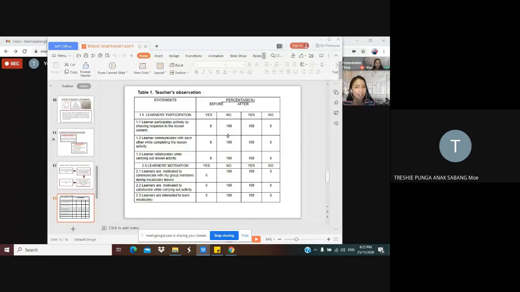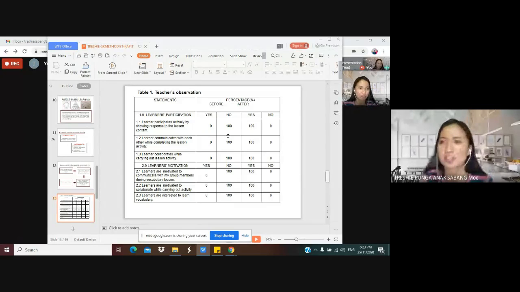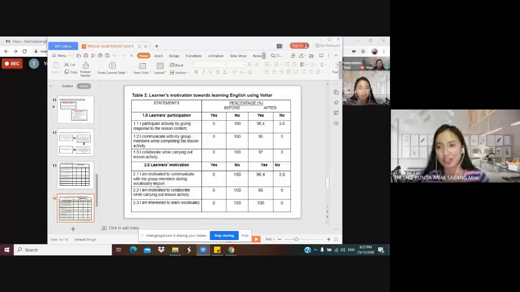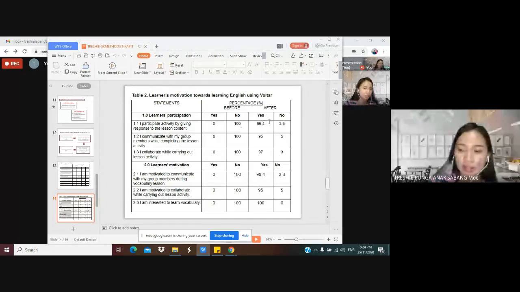But after the Volta, everyone participated, everyone communicated, everyone collaborated, which is very good. And the motivation, they're motivated enough, they're interested, they help each other. Here we can see 0 before the Volta, and here is 96.4.